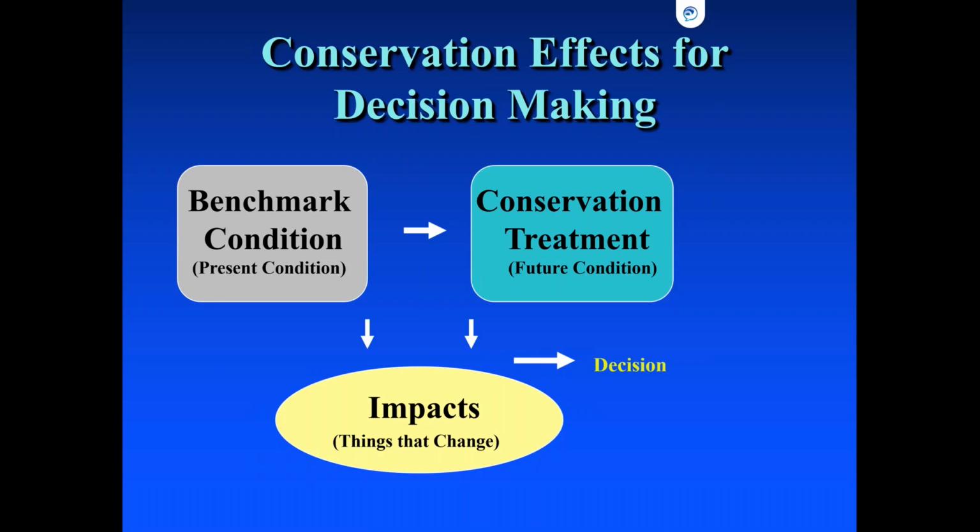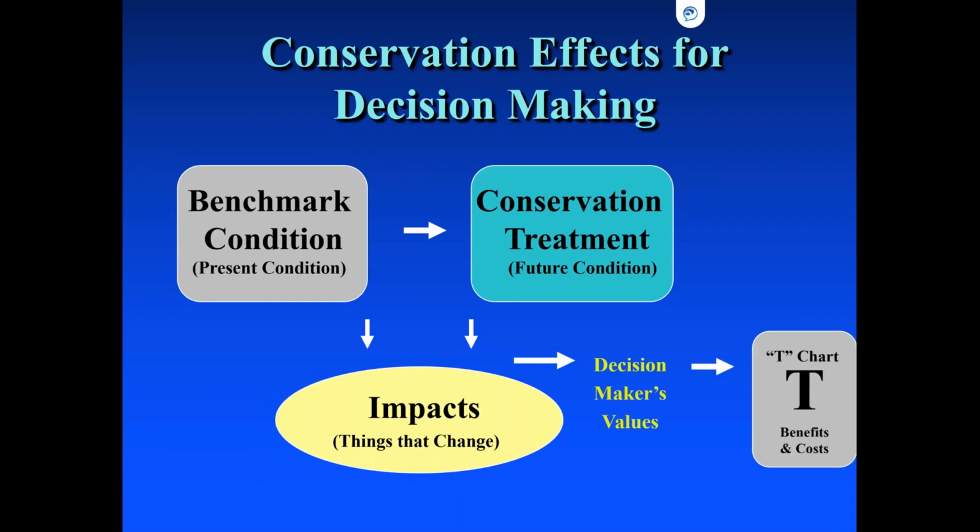So the T chart is the tool that we use to help us get there, okay? That was a little awkward, but it's still the point. Inventory, future condition, what are the impacts of getting there, and the decision maker's values will help us move forward, okay?